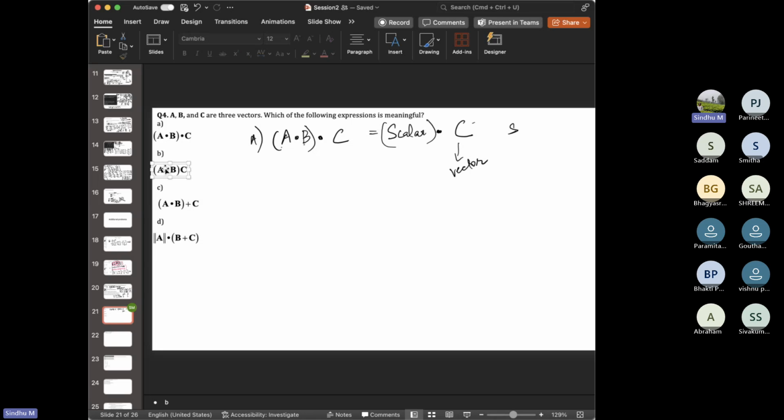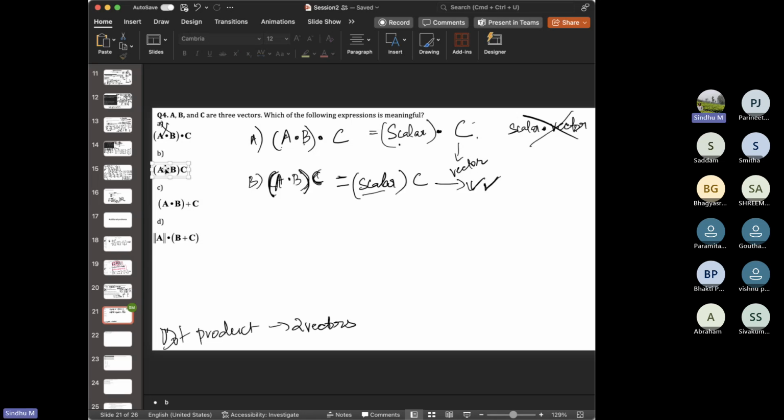So A dot B will give us a scalar value multiplied by C. So this is fine because it's scalar multiplication of a vector. So for example, it is something like this. When you multiply a vector by a scalar, you just have to multiply all the values. So option B makes sense, it is meaningful. And let's look at the other options.